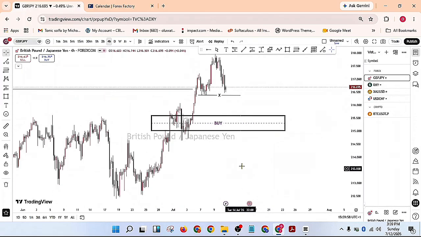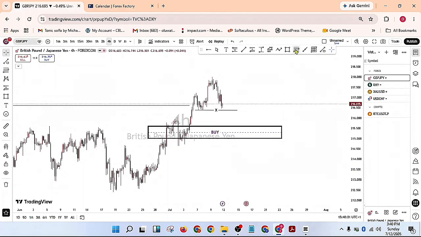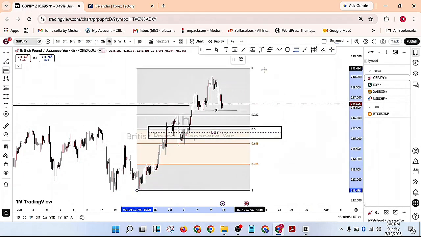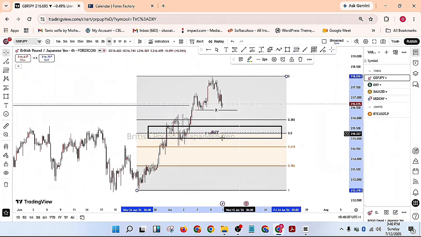The reason is because if I drop my fib again from this swing low to swing high, you can see this zone is still around 50%.